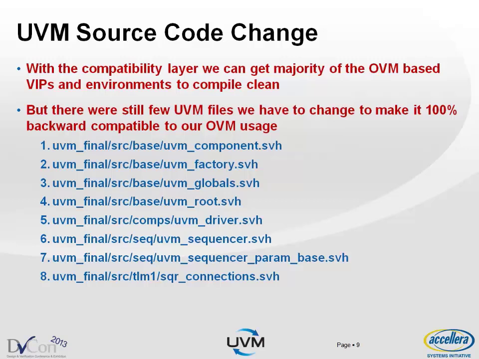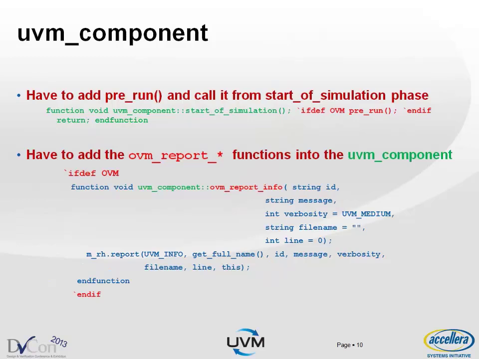So we had to touch a little bit of the existing UVM code. As I said, some of it was required because of deprecated APIs, but most were related to our usage model. I'm going to go through a few examples of the minor changes we did. They're not much, but they were necessary, and I'm not going to touch on all of them.